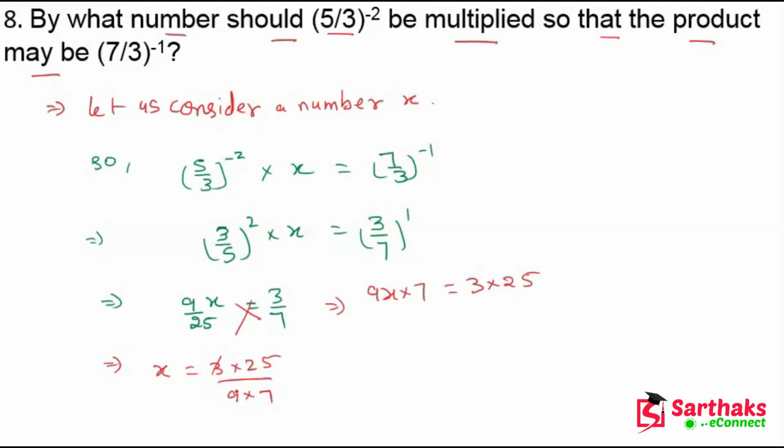We can divide 9 by 3, three times. So here 25 upon 21, since 3 into 7 is 21. So x is equal to 25 upon 21. This is the answer of this problem. I hope you understand these things, my dear friends.